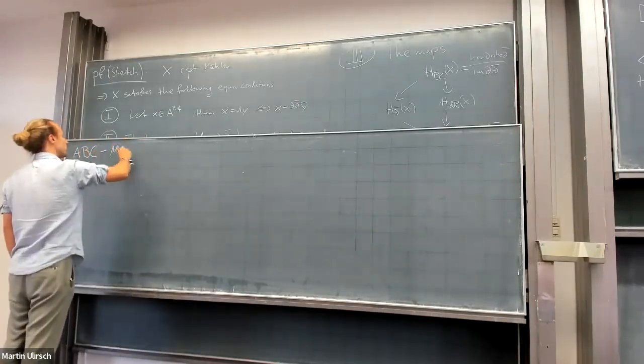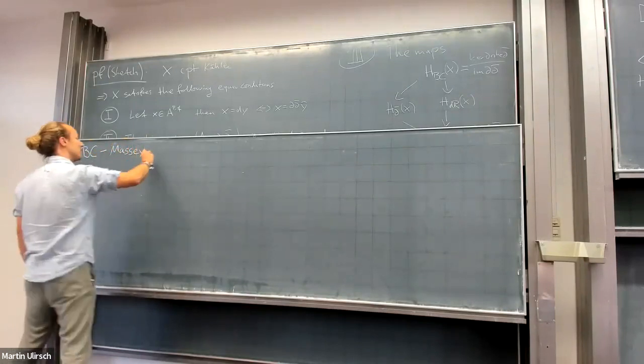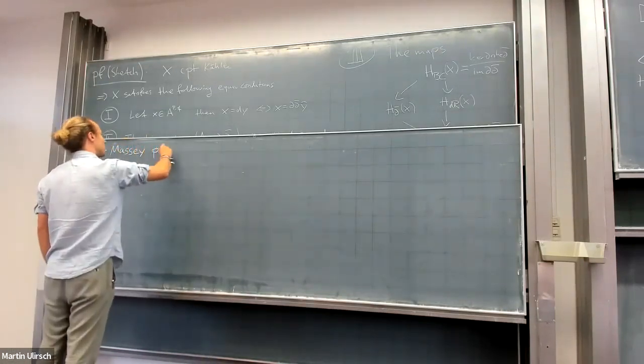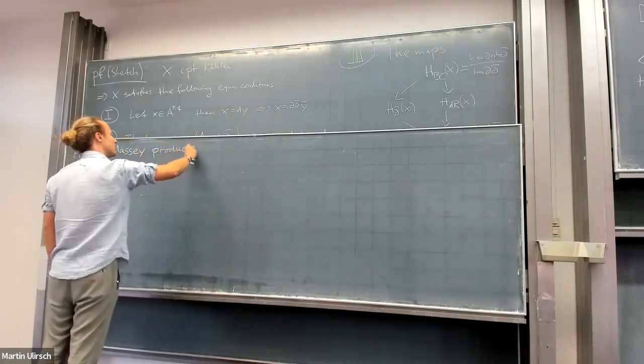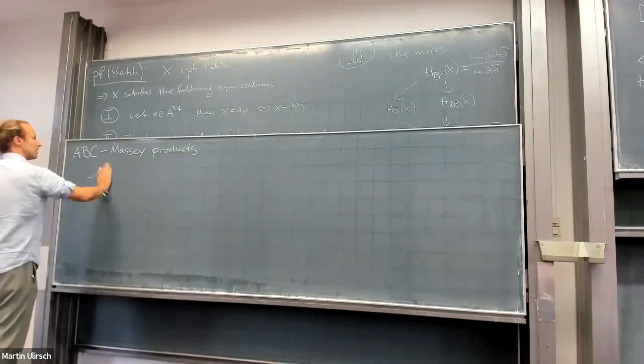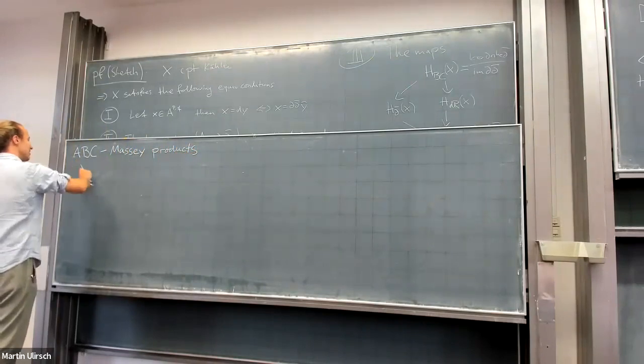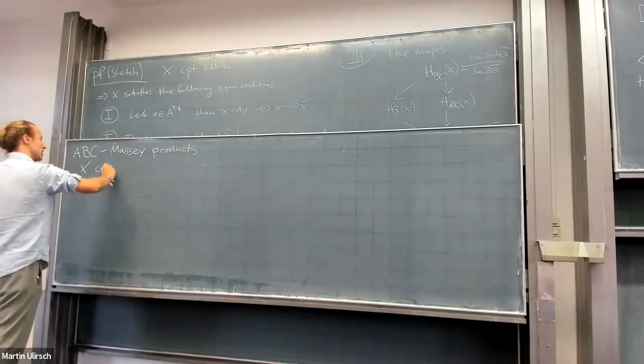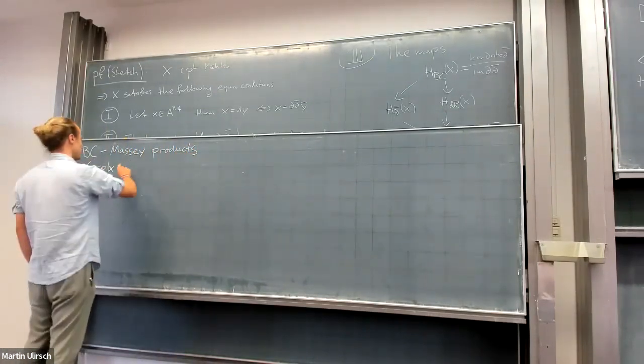ABC Massey products for Aeppli and Bott-Chern. And the definition is quite analogous. So you take, let's say, X now, and for the rest of the talk it is a complex manifold.